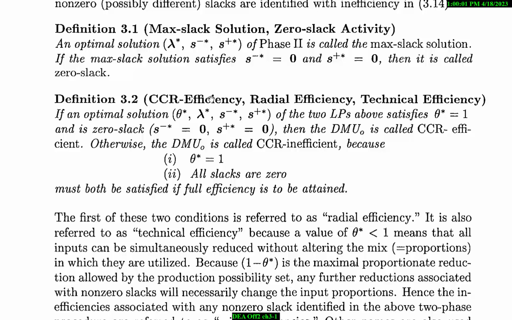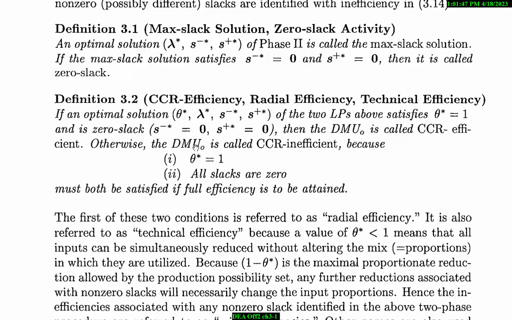Indeed, another definition we had, definition 3.2, CCR efficiency, radial efficiency, technical efficiency. If an optimal solution of the LPs above satisfies theta star equal to 1 and is zero slack, which means the slack values are equal to 0, then the DMU is called CCR efficient.